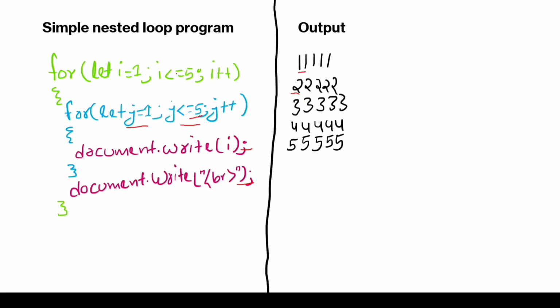The condition is still true because 2 is less than 5, then it comes to this line again and sees j equals 1.